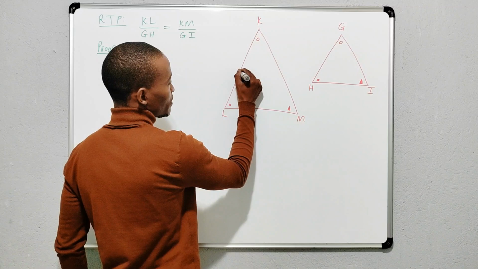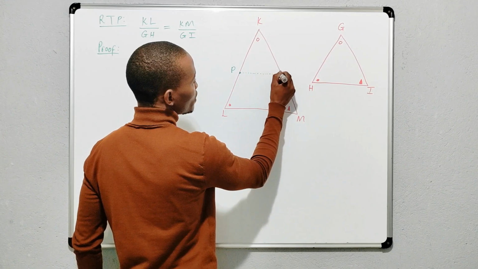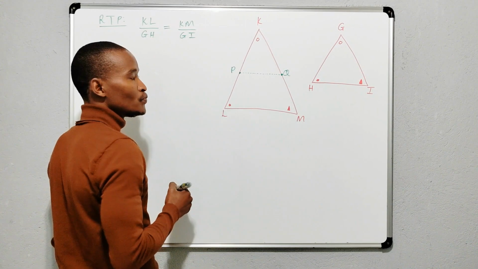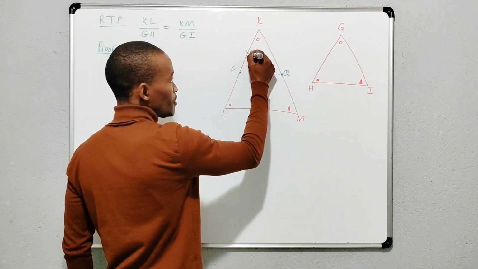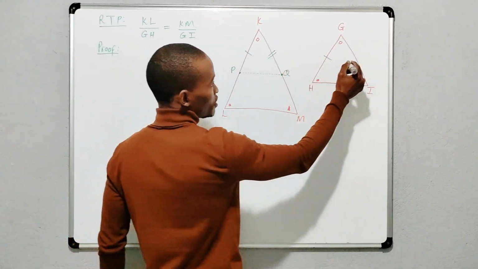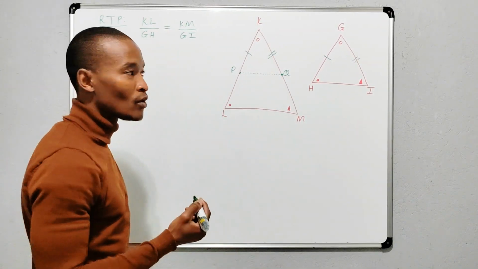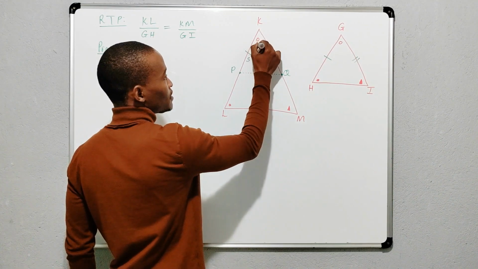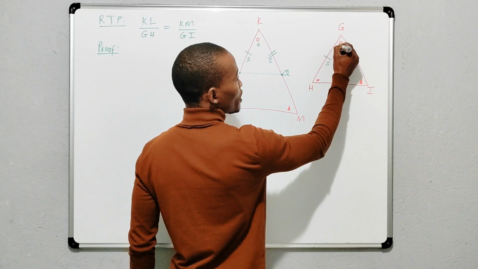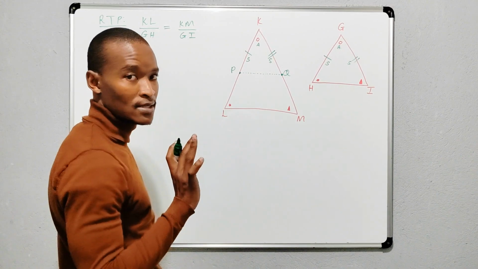We're going to mark a point here called P and draw a line to the other side and mark a point Q such that KP is equal to GH and KQ is equal to GI. And we can already see that by the side-angle-side condition of congruency, these two triangles will be congruent. So let us start there.